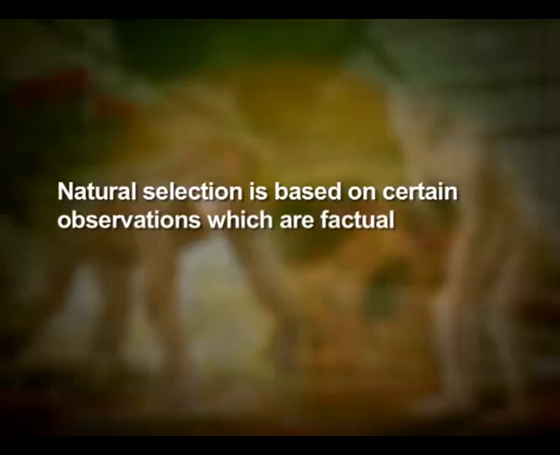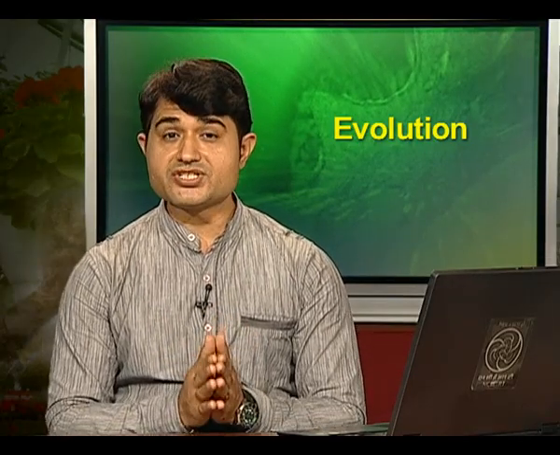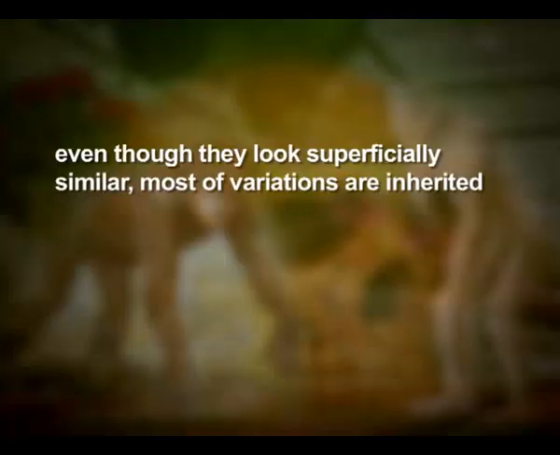Natural selection is based on certain observations which are factual. For example, natural resources are limited. Populations are stable in size except for seasonal fluctuations. Members of a population vary in characteristics; in fact, no two individuals are alike, even though they look superficially similar. Most variations are inherited.